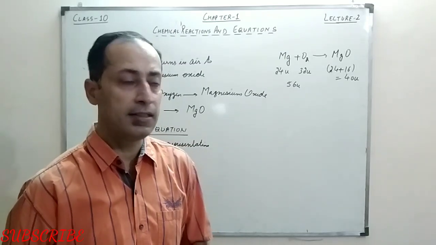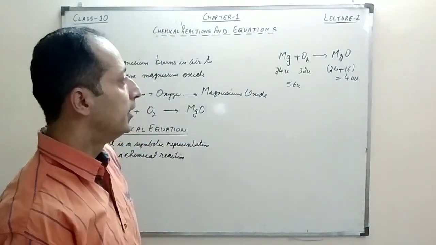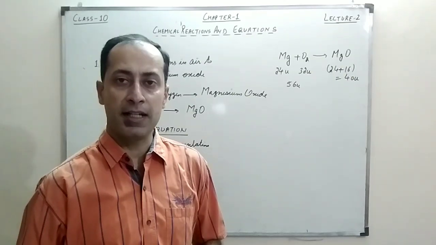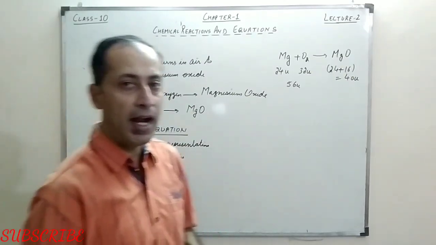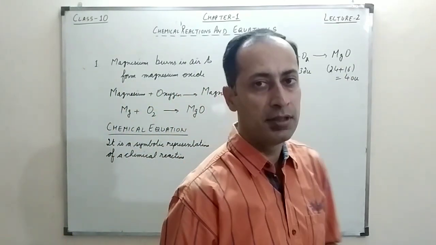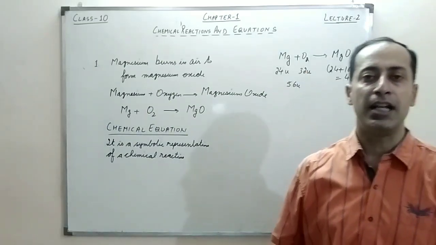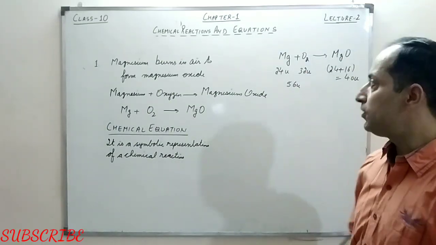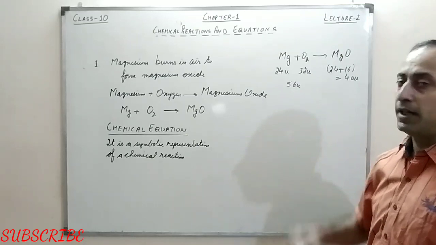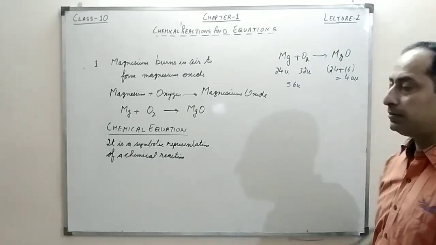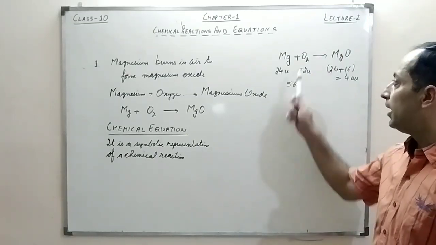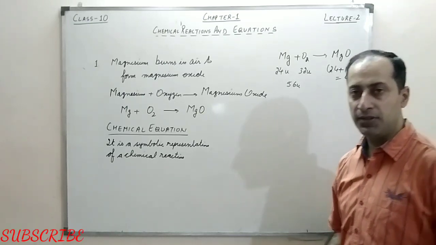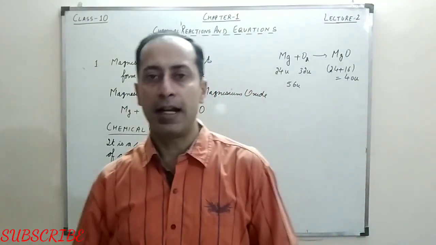The reason is this: if you see carefully on both sides, that is the reactant side and the product side, the number of atoms of the different elements are not the same. If you see magnesium, here it is one atom, here also it is one atom. But oxygen, it is two atoms on the left side and one atom on the right side.